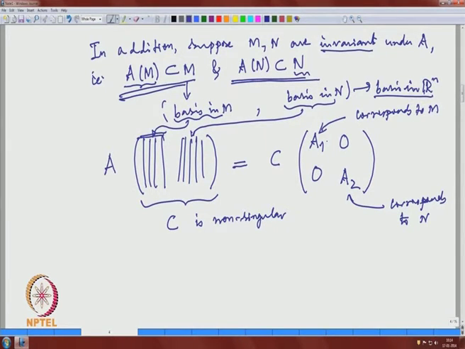In other words, if you have two subspaces invariant under A whose direct sum is R n, then the matrix with respect to that basis decomposes into a block matrix. So, C inverse A C is A1 0 0 A2.